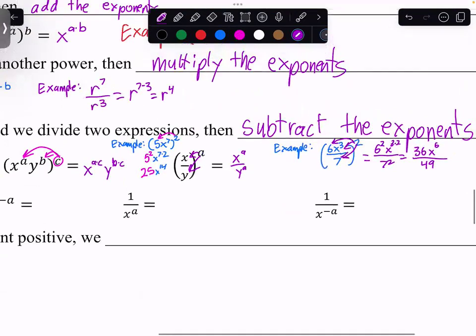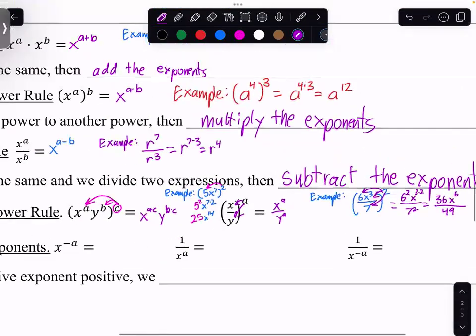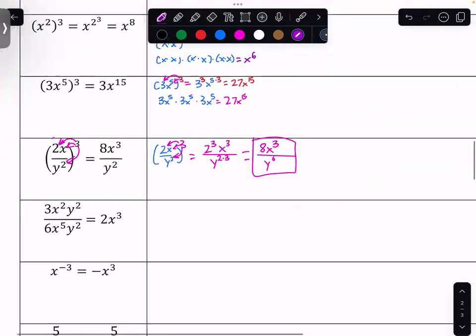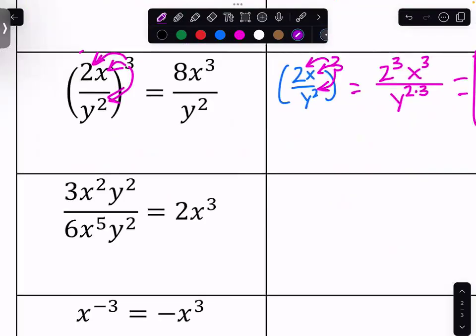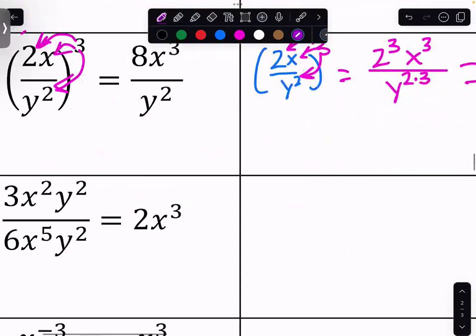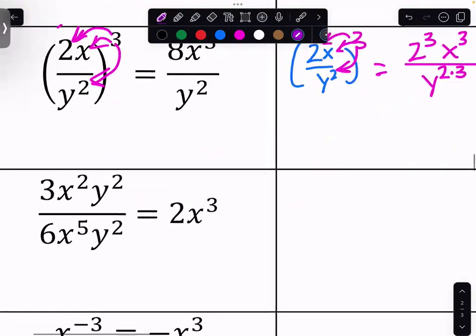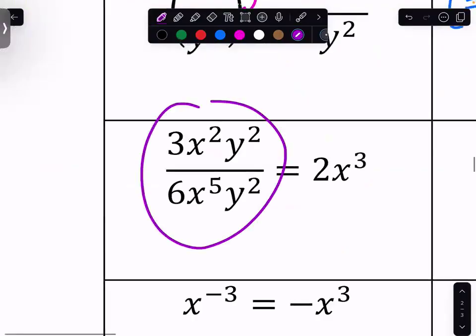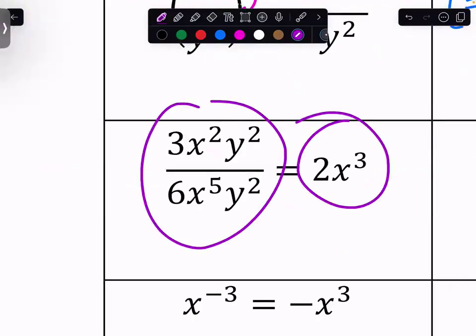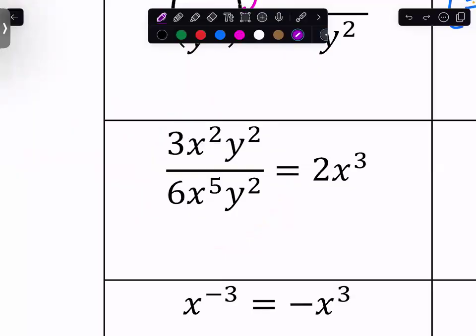Okay, so going back up to the part. This one is very common, so please make sure you're paying close attention. When reducing this fraction, it's very common to get this incorrect answer.